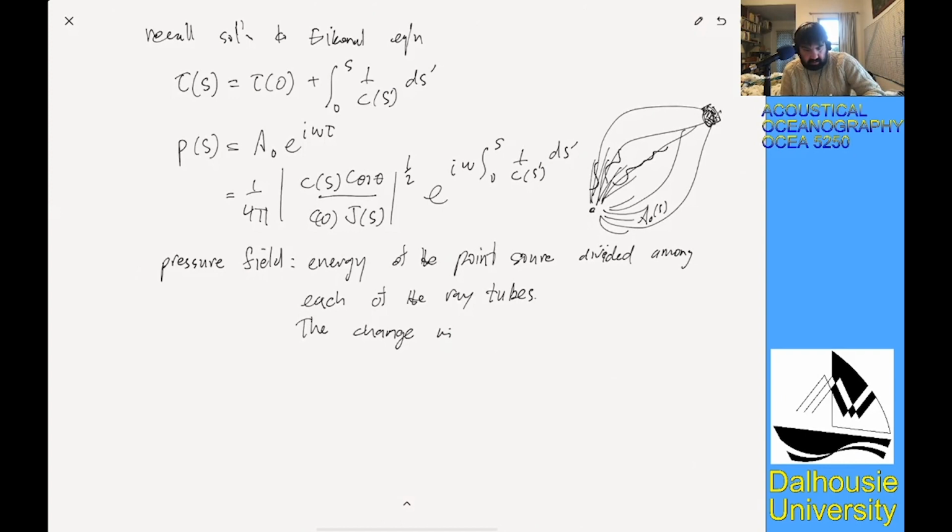Change of intensity is inversely proportional to the cross-sectional area of the tube.